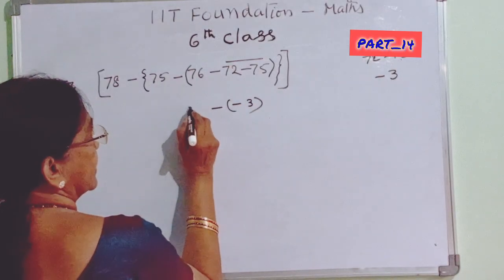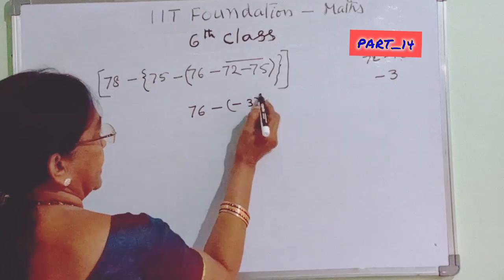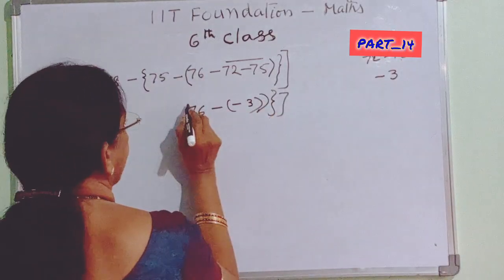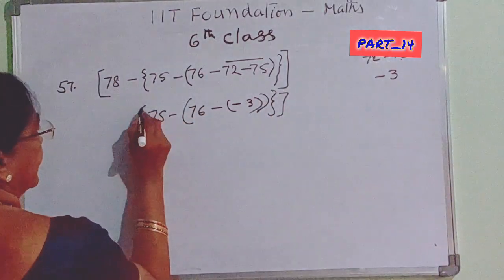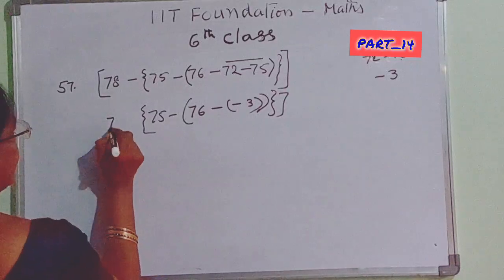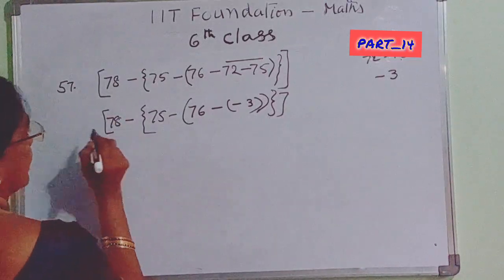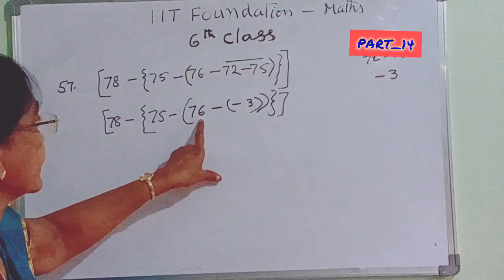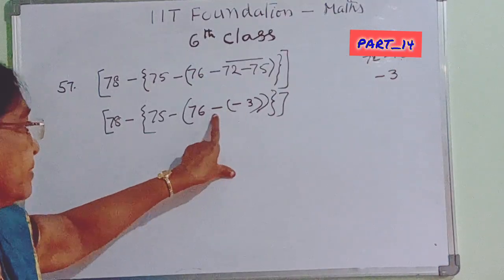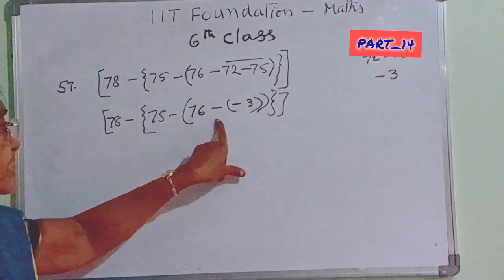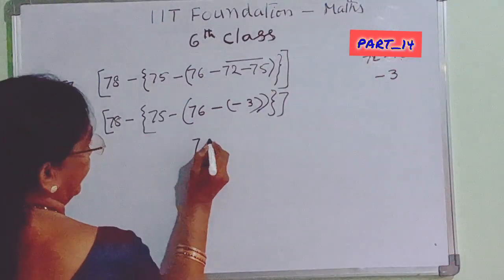So 76 minus minus 3. This is 76 minus of minus 3. Minus of minus 3 becomes plus. 76 plus 3 is 79.